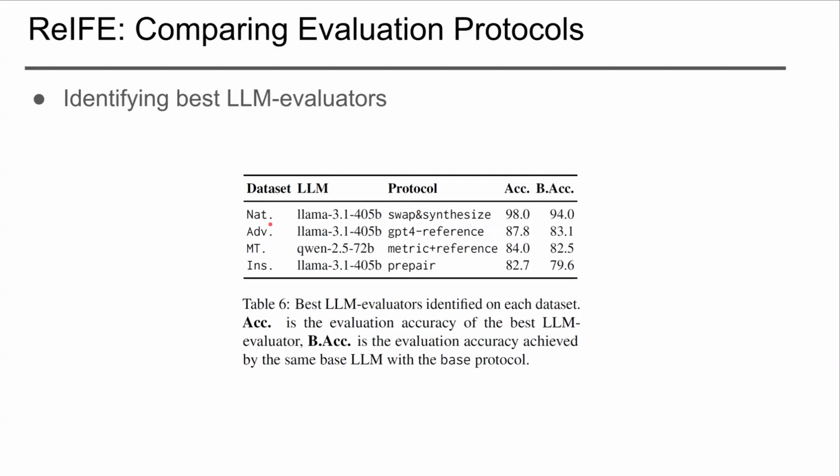But if you optimize per data set, you can actually get pretty high accuracy scores. For example, for Llama model 405B on this data set, swap and synthesize is better, but on this other data set, GPT-4 as reference is the better protocol. And interestingly, on this other data set, a smaller model, which is a 72 billion parameter model, works better than a bigger Llama model.